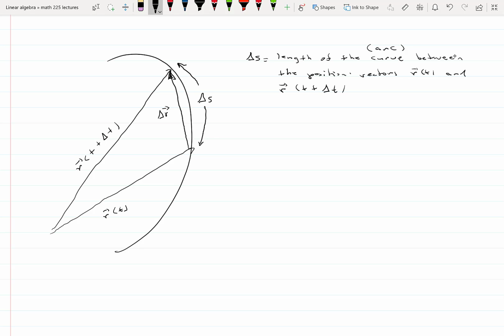From the drawing, it's pretty clear that that small arc length is approximately equal to the length of delta r. Not equal, obviously. Again, delta s appears in my drawing to be longer. I'm going to rewrite the length of delta r by dividing by and multiplying by delta t.